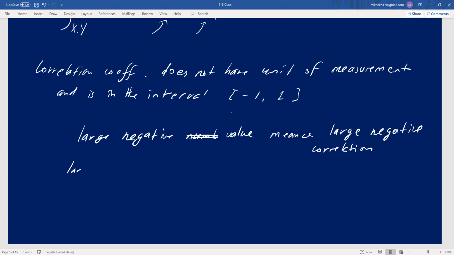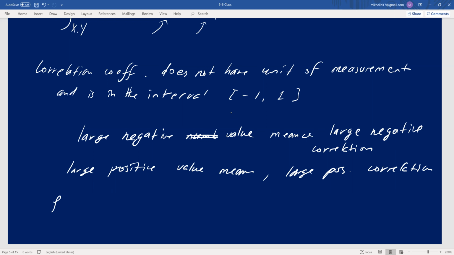A large positive number or value means large positive correlation. If rho x and y equals 0, this means there's no correlation between x and y.